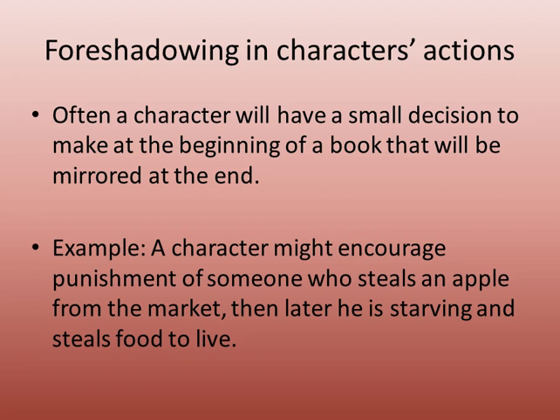Then maybe he's starving later on and he sees some food and he steals it at the end of the book so that he can live, or maybe to feed his family or something like that. So again, the situation can be basically the same and have the character make different choices if the character has grown and changed, but the first encounter would sort of foreshadow that this may be happening again.